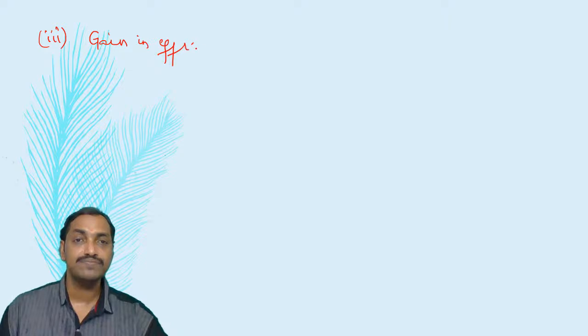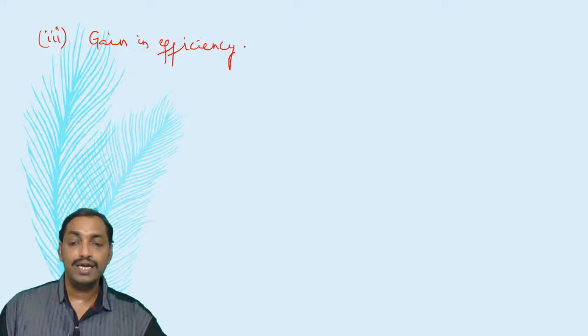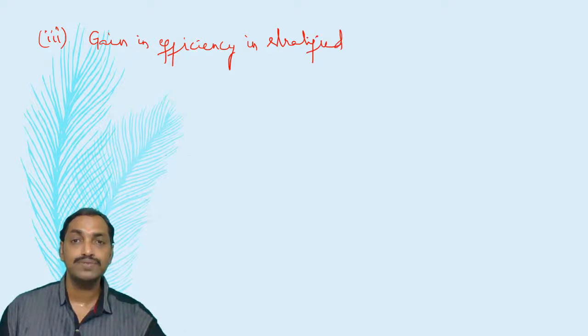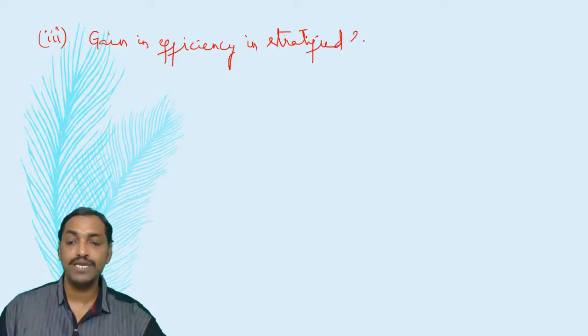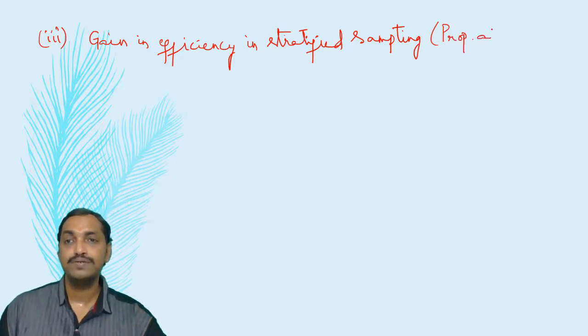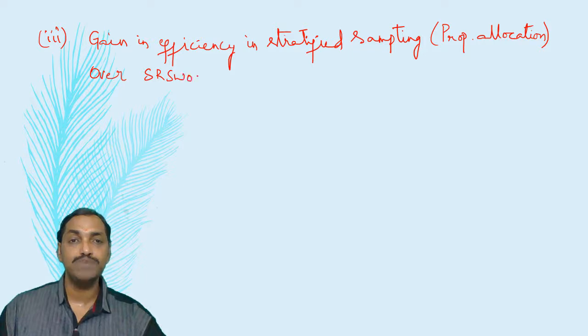Now for the third bit, we need to find out the gains in efficiency in stratified random sampling in proportional allocation over simple random sampling without replacement.